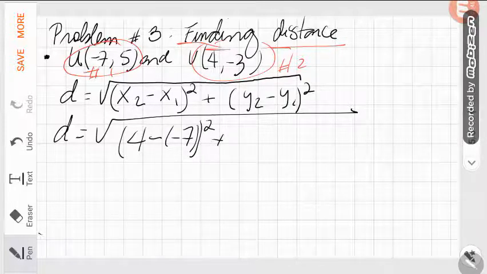And then we replace the values for the coordinates y. y2 will represent the second point in the coordinate y, which is minus 3, minus the coordinate y for the first point, which is 5. All this elevated to the second power, okay?